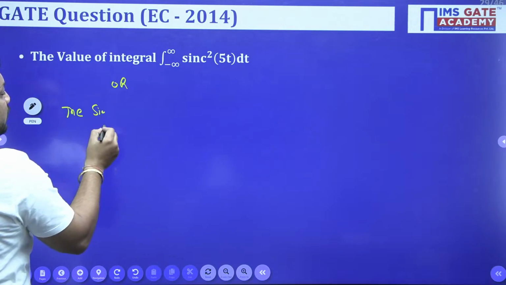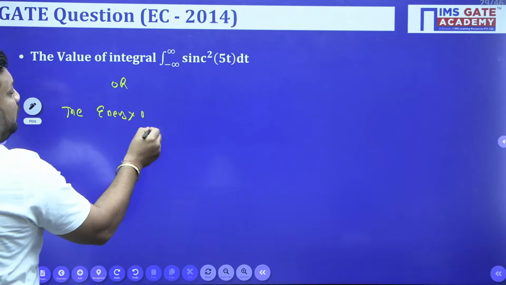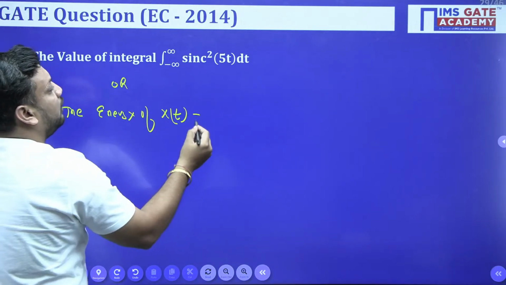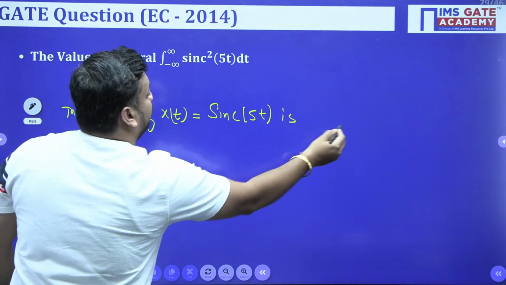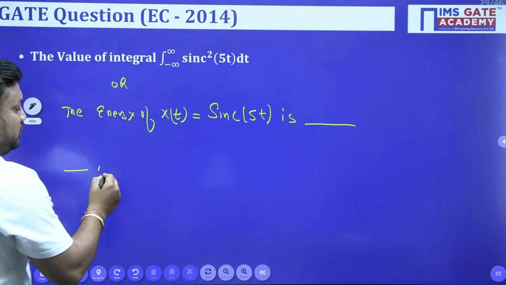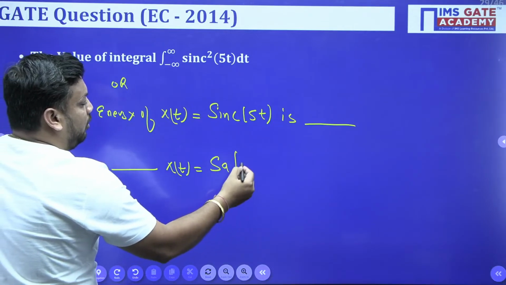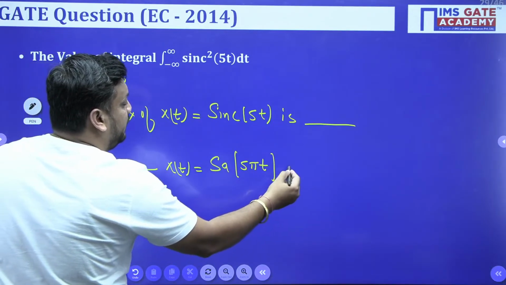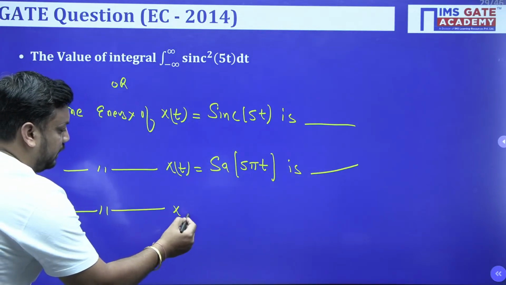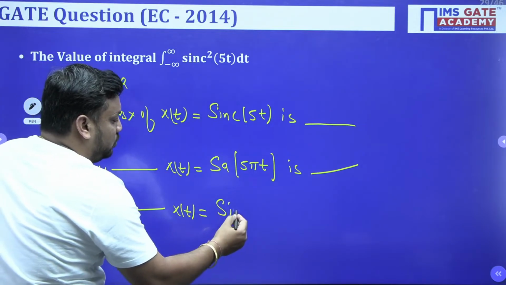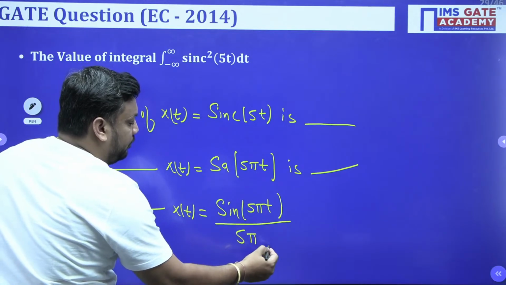The equivalent question: the energy of signal xt equal to sinc of 5t is, or the energy of signal xt equal to sampling of 5 pi t is, or the energy of signal xt is equal to sine of 5 pi t upon 5 pi t is.